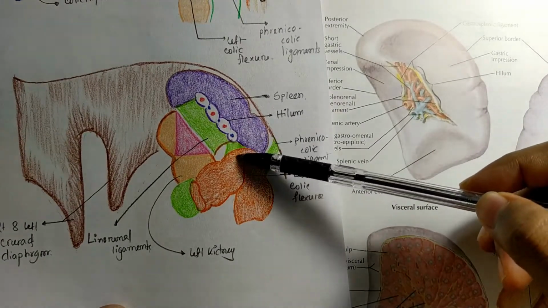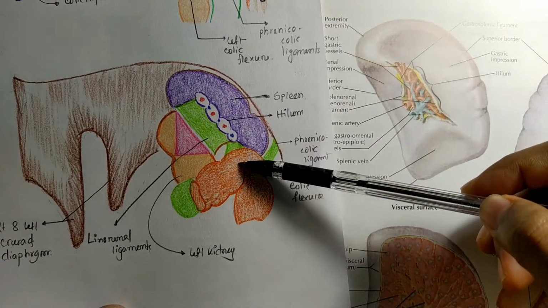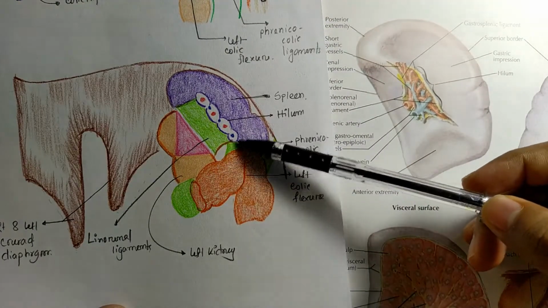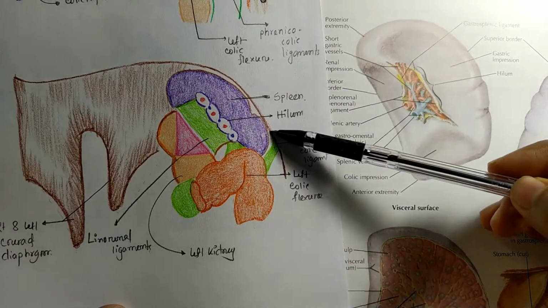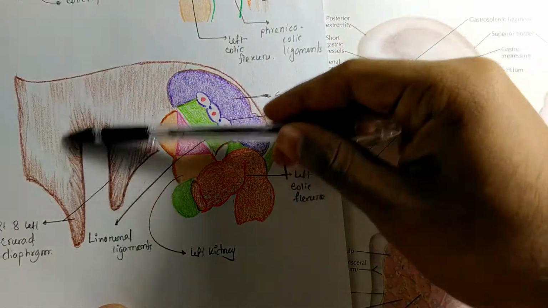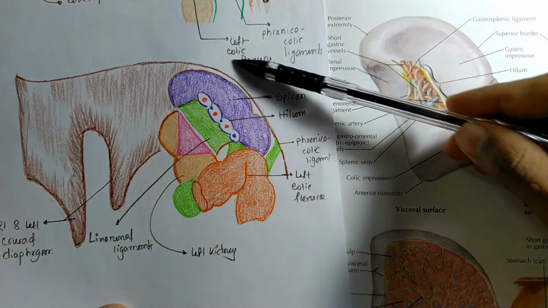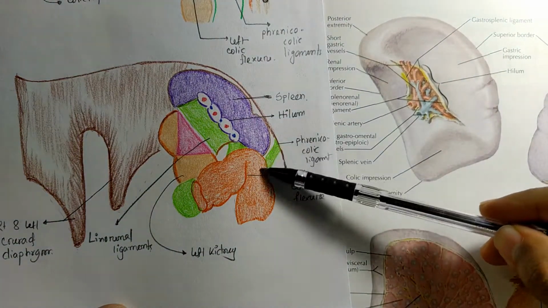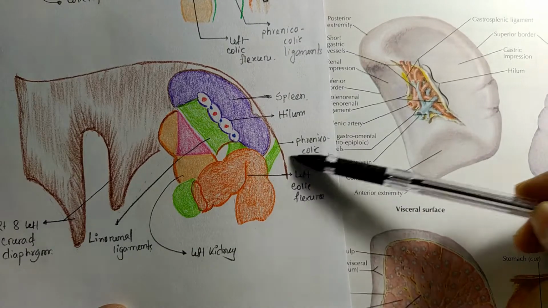And you can see the spleen present here with a ligament that is called the splenicocolic ligament. And the part of the diaphragm, this is the diaphragm, the diaphragmatic muscles, also connects to this colon, that means the phrenicocolic ligament.